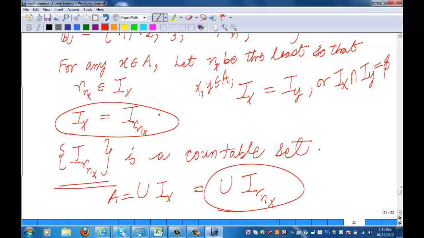If they are different, so I already argued that if y is inside of Ix, then they are the same. So y cannot be inside here. So y has to be somewhere outside. Maybe y is here.